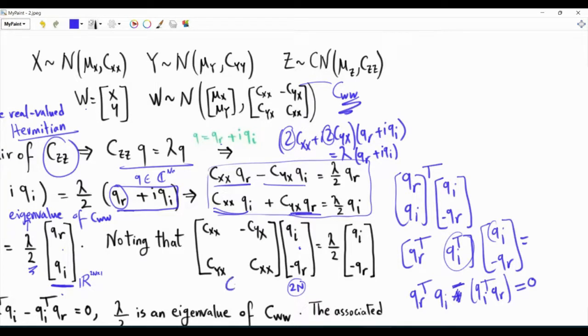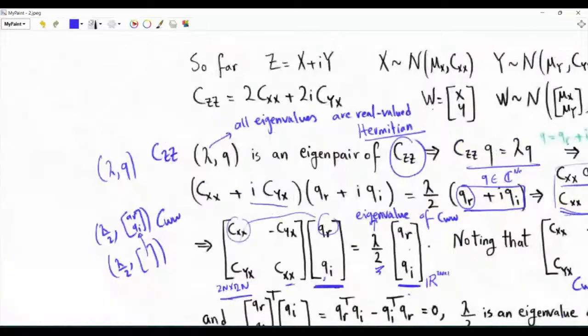And if we take CWW times this vector, we get the same vector back multiplied by lambda over 2. So in fact, if lambda and Q is an eigenpair of CZZ, where lambda is an eigenvalue that is real valued and non-negative, we will take it to be strictly positive, with associated eigenvector Q, then for CWW this becomes a repeated eigenvalue, lambda over 2, repeated twice, and it is associated with these two linearly independent vectors, QR, QI, and the other one QI, minus QR.